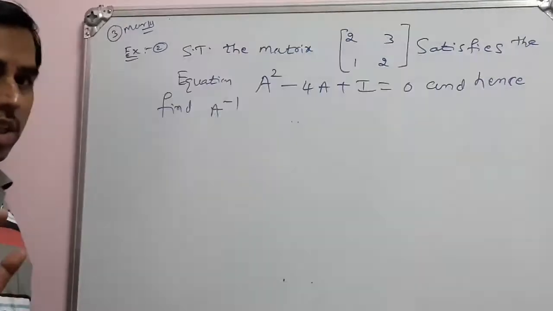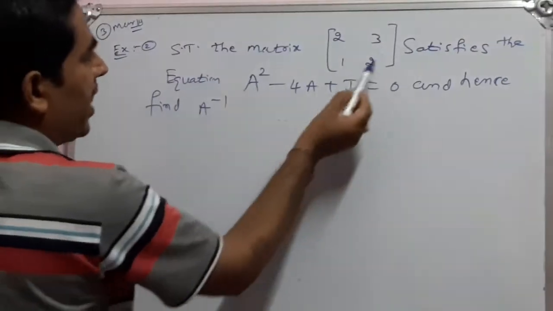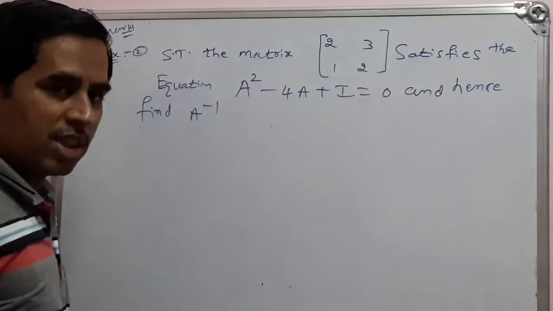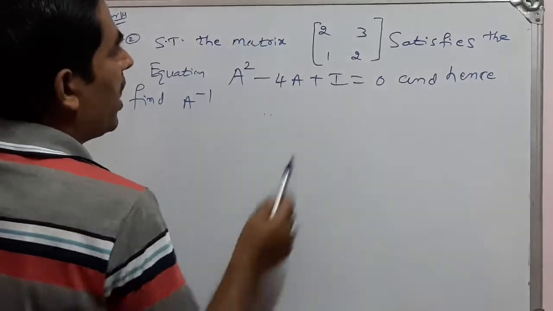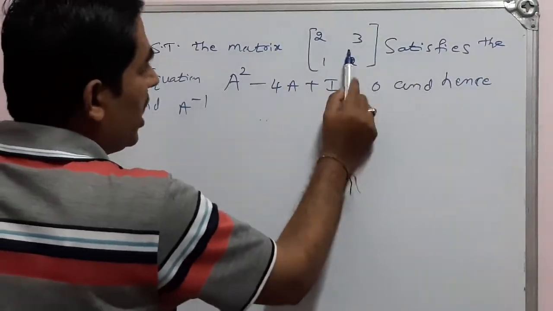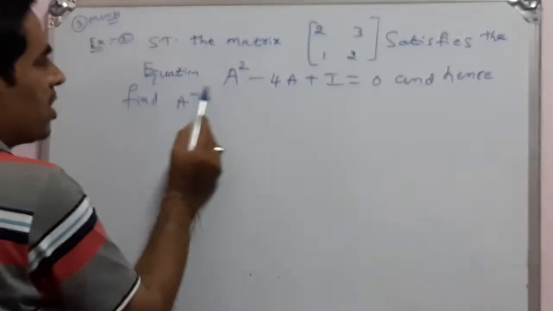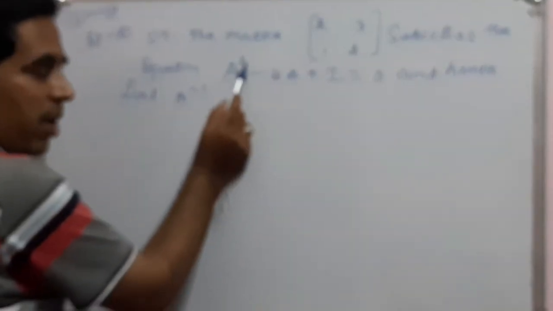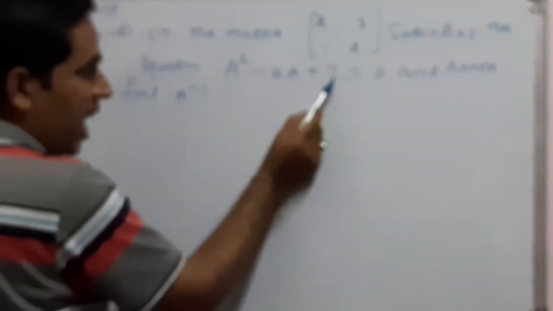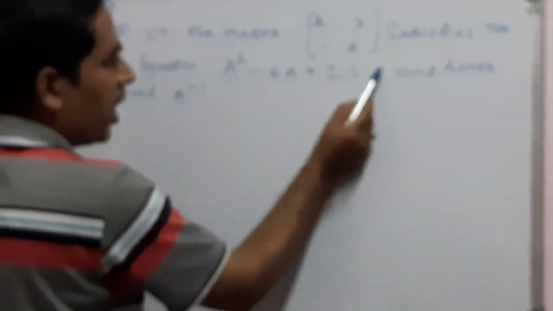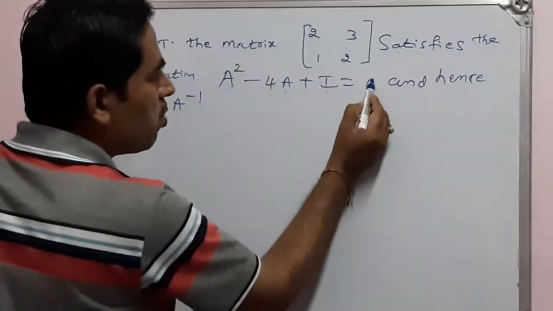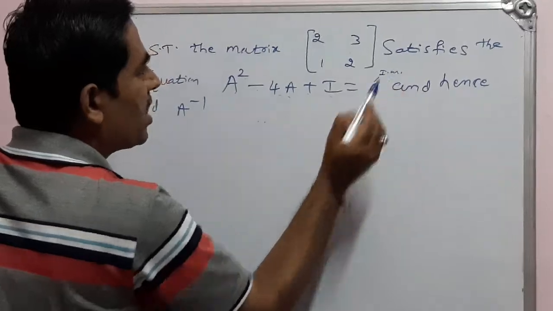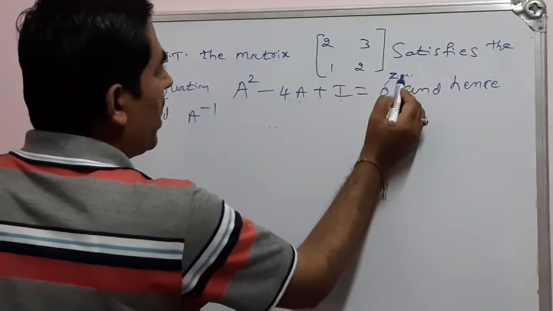Okay, so let us concentrate on the question. Show that the matrix, so here a 2 cross 2 square matrix is given, 2, 3, 1, 2, satisfies the equation A square minus 4A plus I is equal to 0, where I is the identity matrix and 0 is the zero matrix.